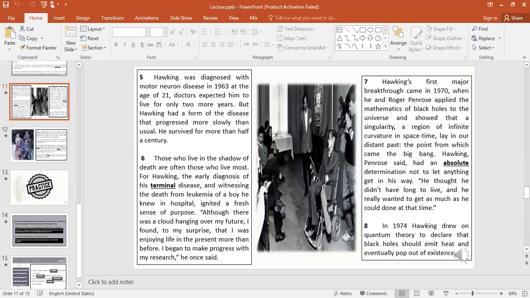First, let's sum up the story. Who can remind us? How did the text start? It started with one piece of information about Stephen Hawking. What was it? Don't you remember?